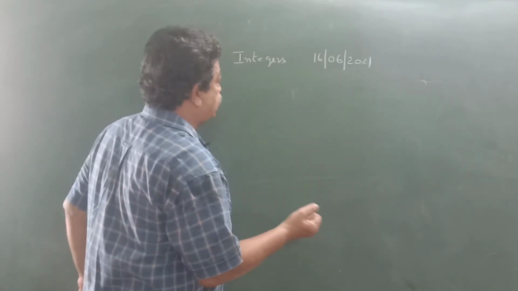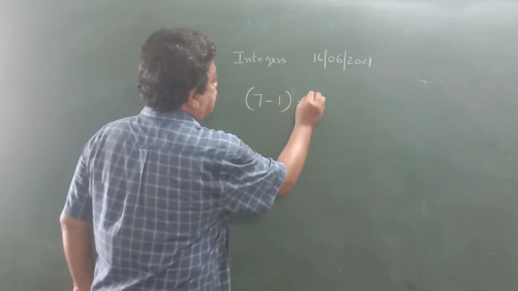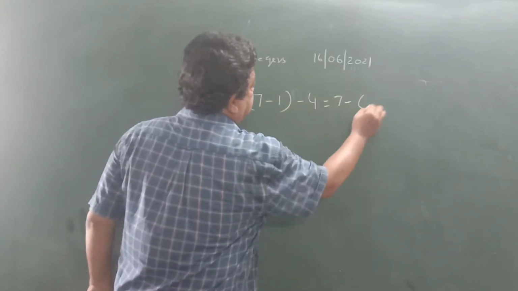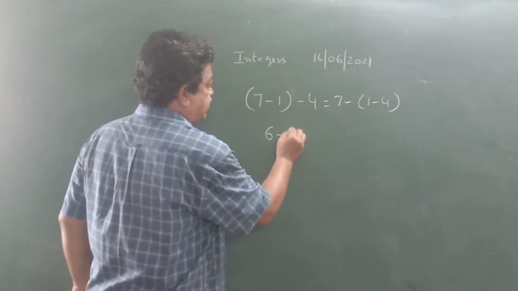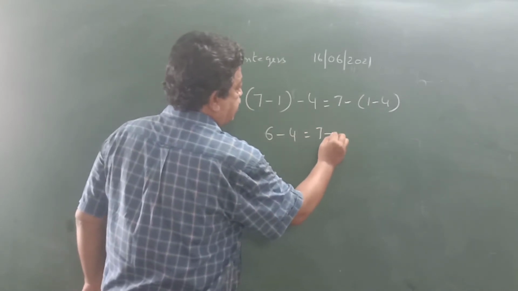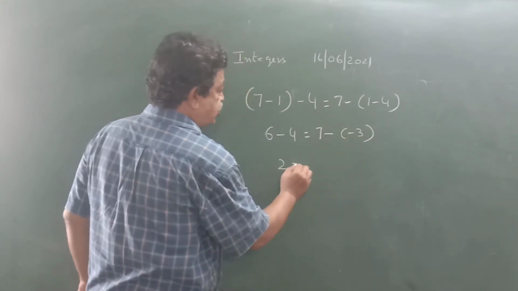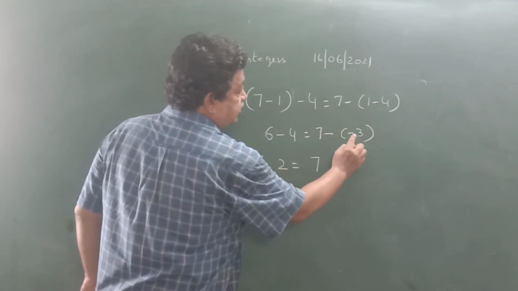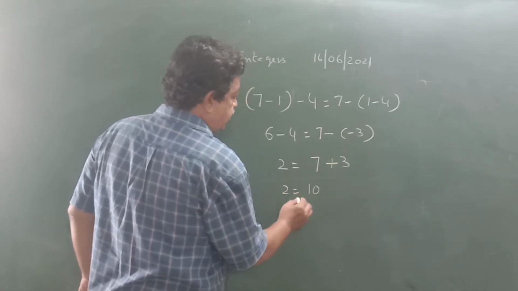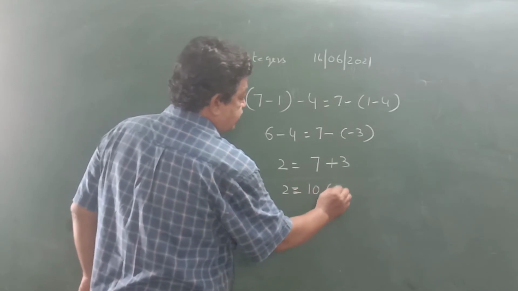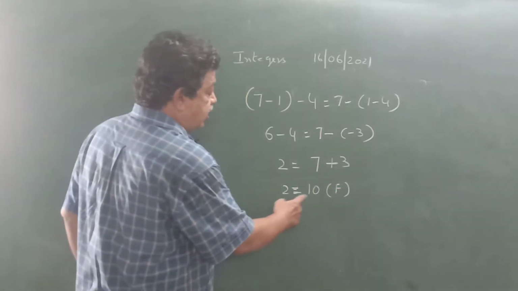Similarly, we can verify associative property also. 7 minus 1 minus 4 is equal to 7 minus of 1 minus 4. What is 7 minus 1? 6. 6 minus 4 it is 2. 7 minus of 1 minus 4, that is 7 minus of minus 3, it becomes plus 3, so 10. So, 2 is equal to 10 is false. 2 is not equal to 10.